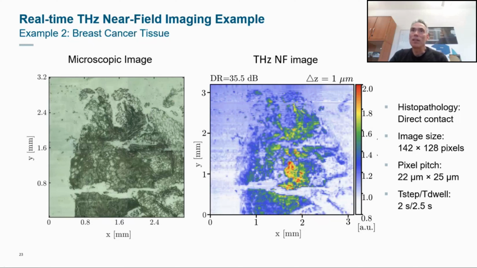That is the difference with terahertz imaging without staining the tissue. We can use that data to measure the permittivity and find contrast between cancerous cells and healthy tissue.